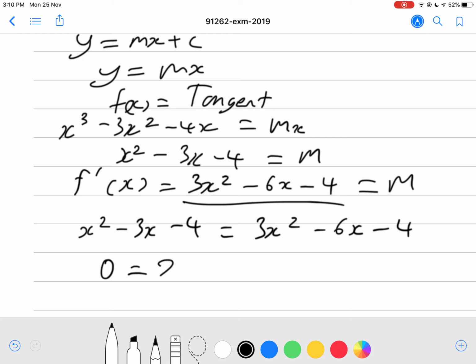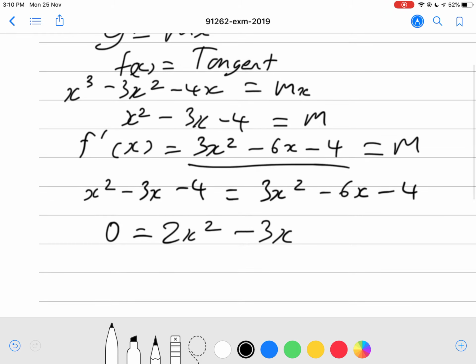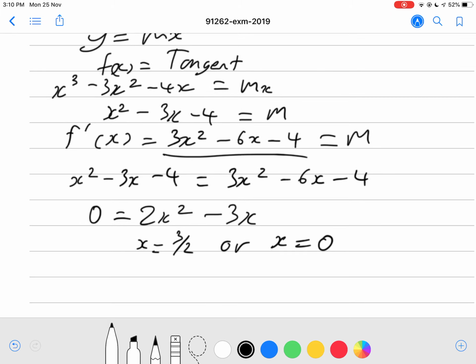So we have 0 equals 2x squared minus 3x. If we use our graphics calculator, we will have 2 and negative 3, and that should give us our answer as x equals 3 over 2, or x equals 0. So these are the x points of our tangents, okay?